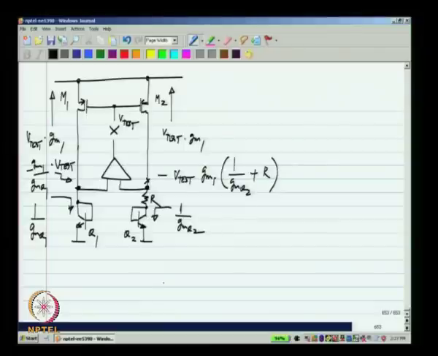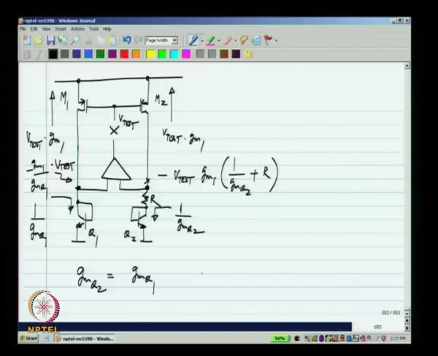Now, depending on which one is greater, we have to assign the signs appropriately, and that depends on the relative values of Gm_Q1 and Gm_Q2, but these two transistors are biased at the same current. So, that means that Gm_Q2 equals Gm_Q1.